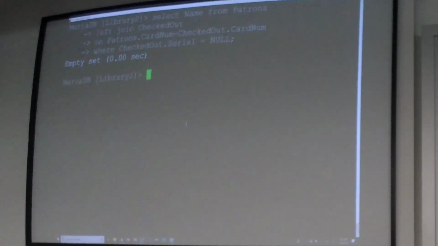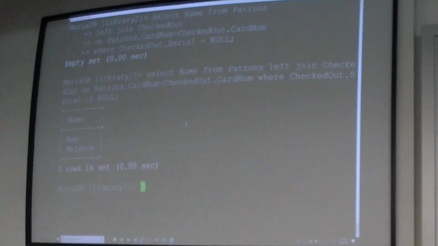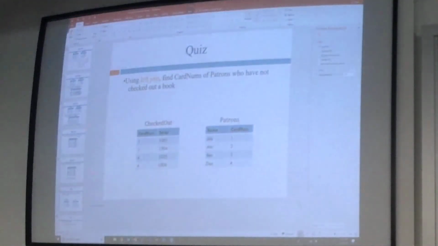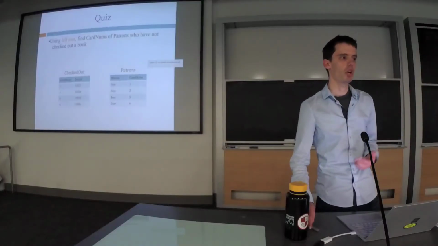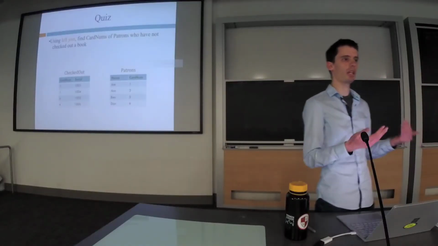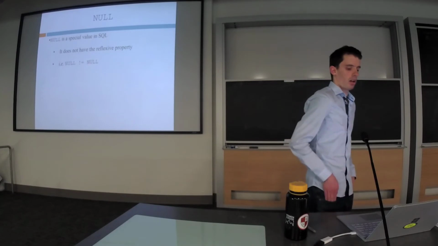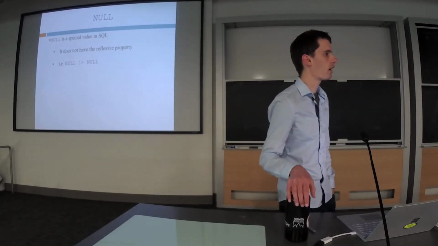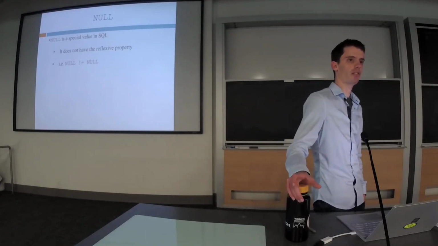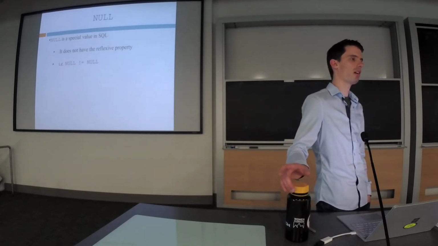There are people in here who have not checked out books. So here is the issue. You can't use equals on null, you have to use is. SQL is kind of weird in that way. Normally, in C or Java, you can compare something to null using the comparison operator. In SQL, null is a special value that doesn't exhibit the reflexive property, meaning it's not equal to itself.